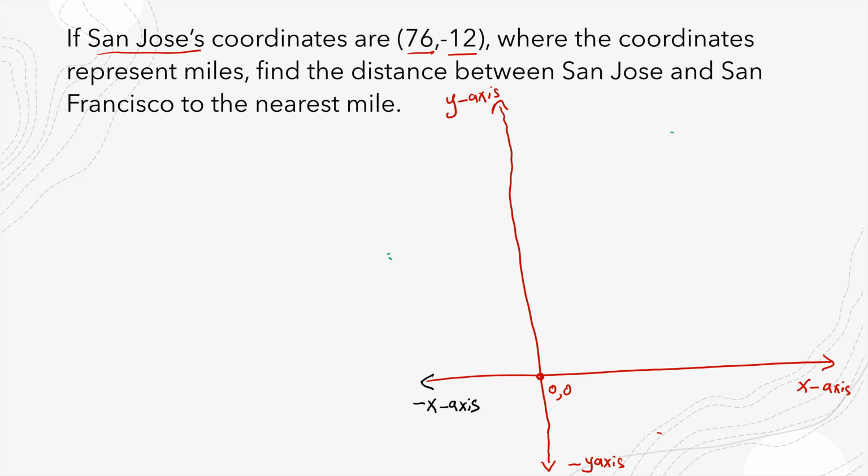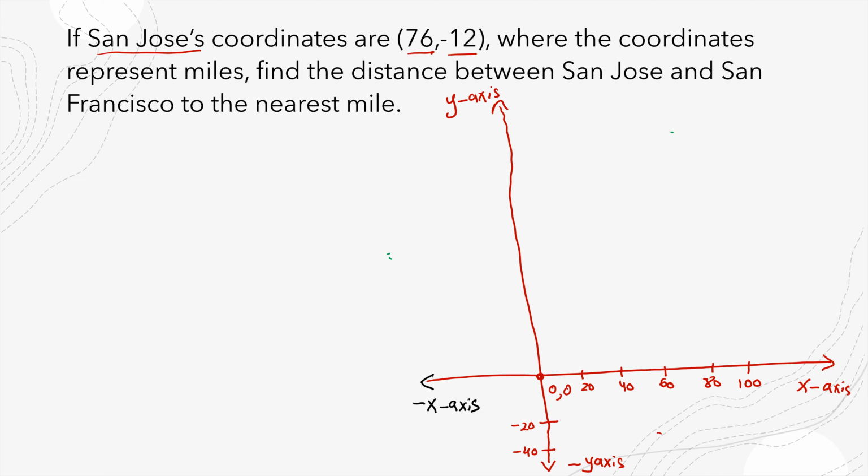In order to plot, I have x is 76. So again, this is our 20, 40, 60, 80, and 100. And on the y-axis, I can do -20, -40.